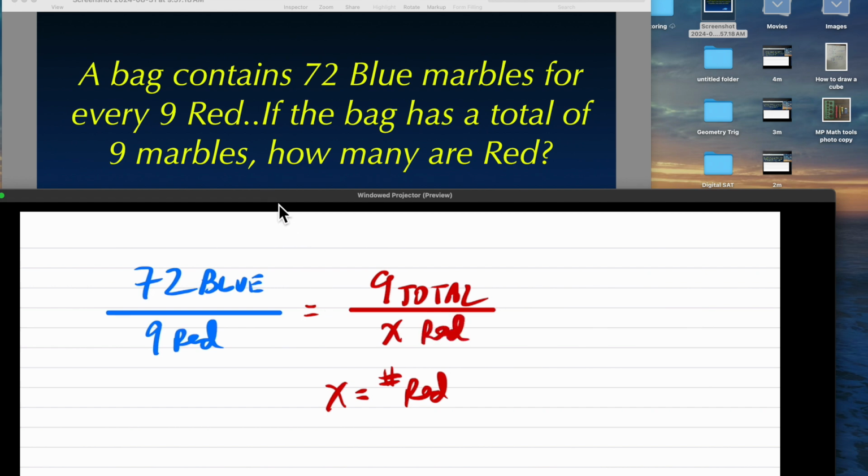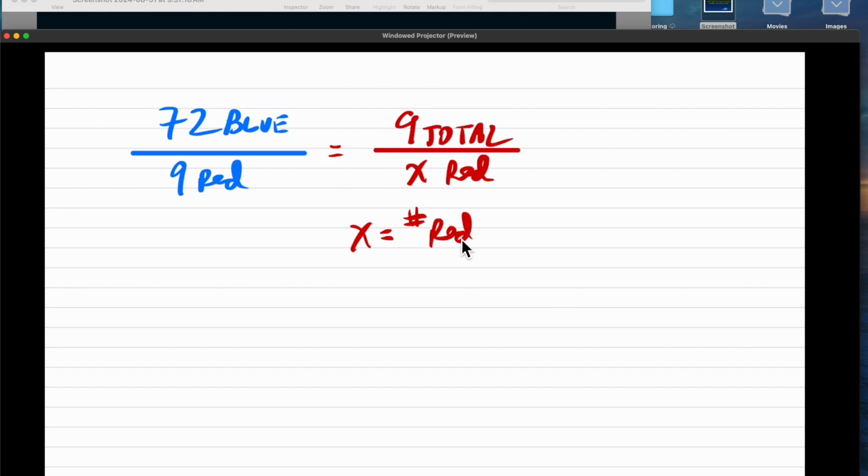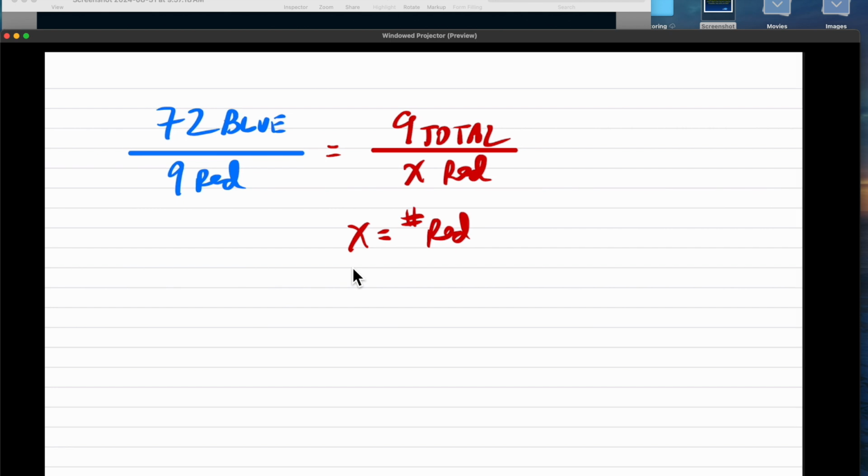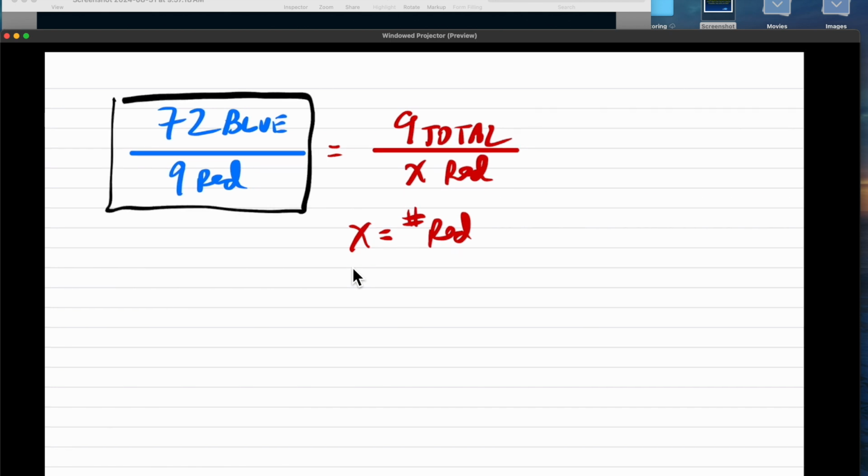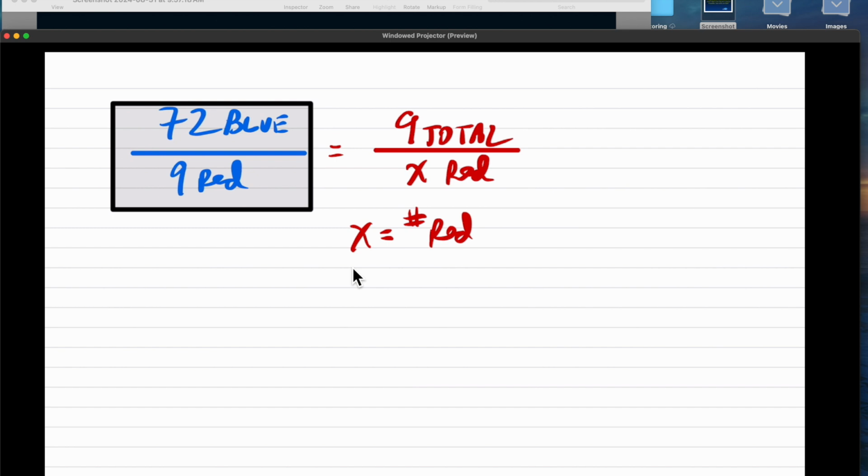But here's the problem, folks. These units don't match. So we somehow have to get the total marbles involved. We have blue marbles, we have red marbles, and now we have total marbles. So this is what we're going to do. We cannot proceed at this point. What we're going to do is we're going to recognize the fact that this part 1 is packed with information.